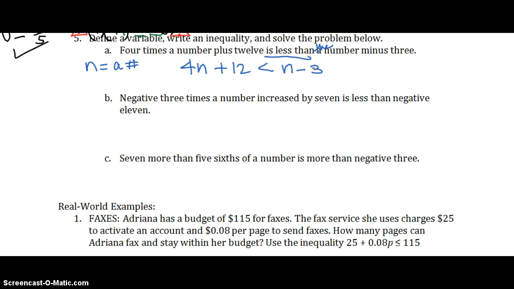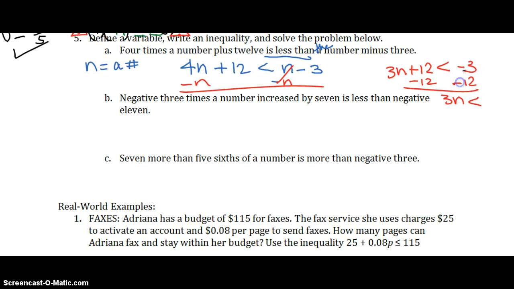And then you have variables on both sides. So I would subtract n, and that'll cancel. 3n plus 12 is less than negative 3. Subtract 12, and 3n is less than, and by the way, it's going to be a negative 15. Divide by 3.